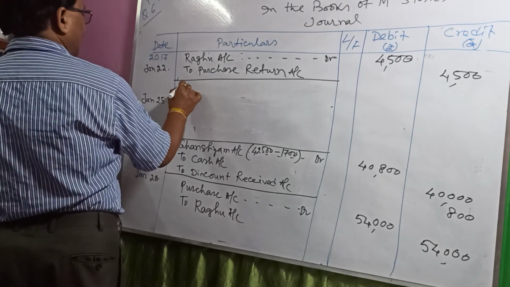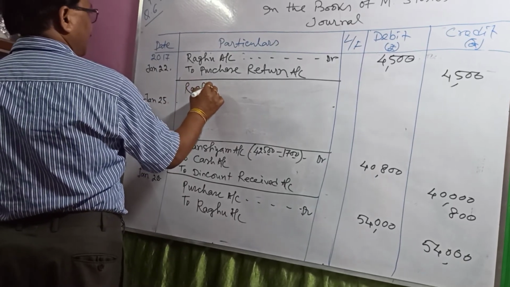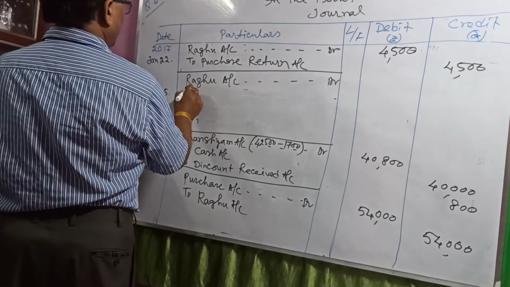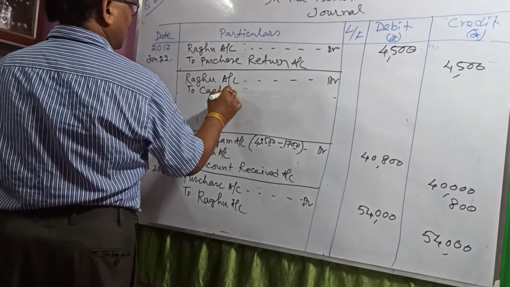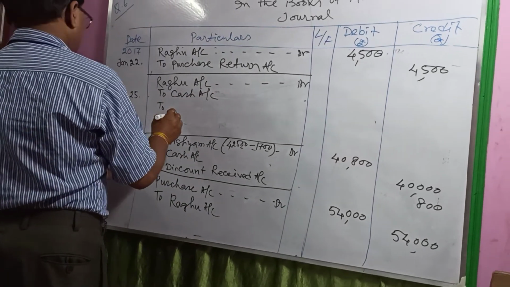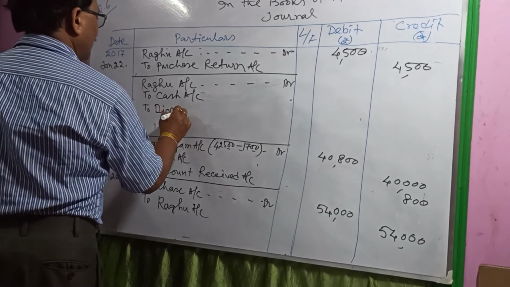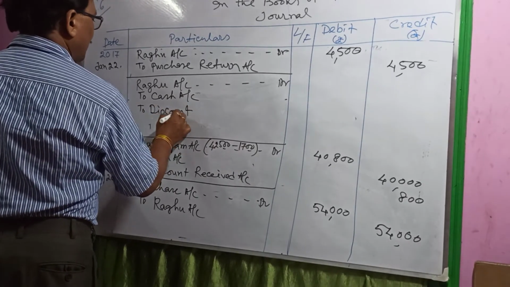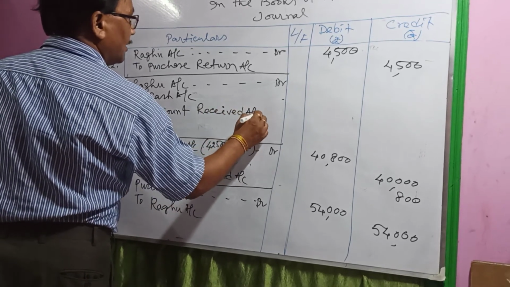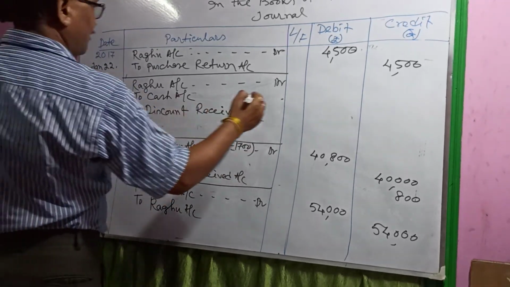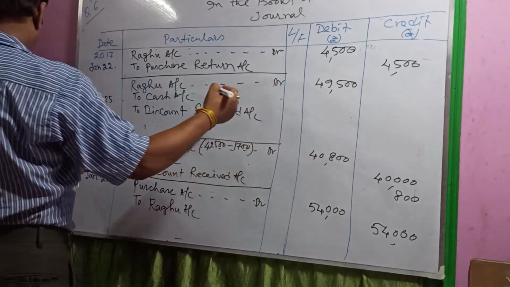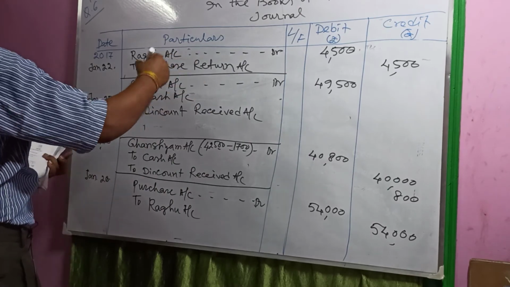Now the journal entry: Raghu account debit to cash account and to discount received account. Now what is the debit? 49,500 after deducting return goods.